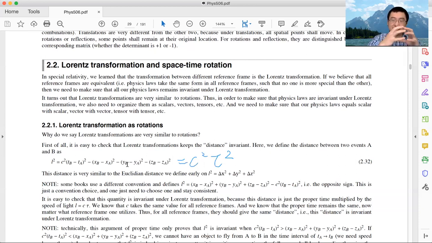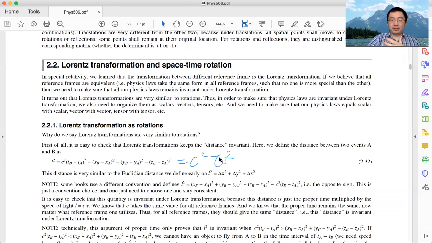We know that the proper time is the time felt by a moving object itself. This proper time is the time measured, say, by a moving clock in its own reference frame. Because it's measured in its own reference frame, the proper time is independent of observer. No matter which reference frame we are using, it's the reference frame of that moving particle or moving rocket. And this tau is independent of reference frame.